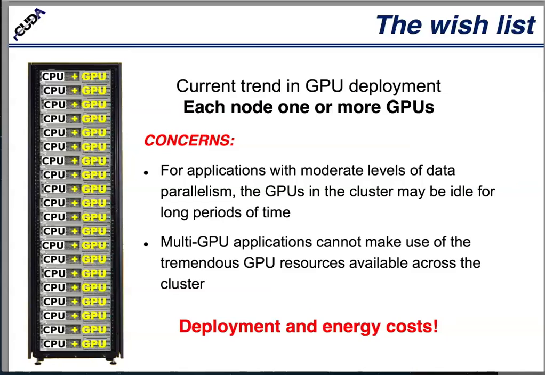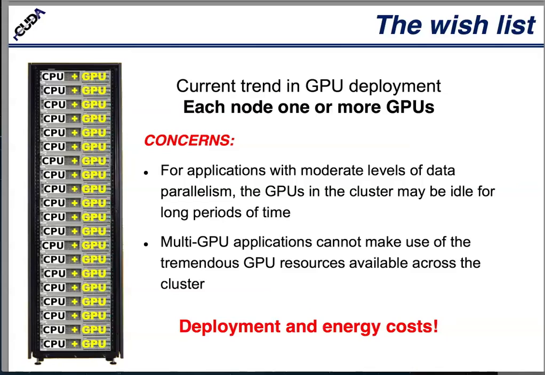You have a cluster, and each node in the cluster has the GPU computing part and the CPU part. As I said, for a moderate level of data parallelism, the GPUs will be used only for a fraction of the time. And for multi-GPU applications, from each CPU you can only access the GPU that is connected in that node.